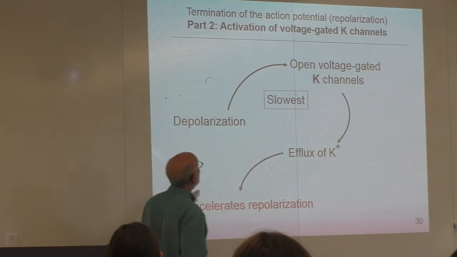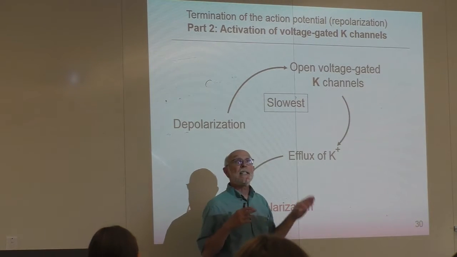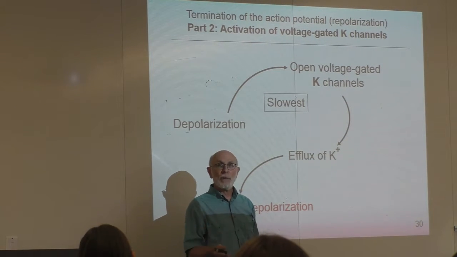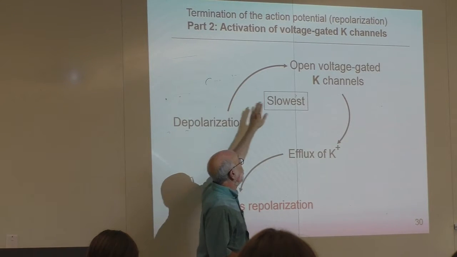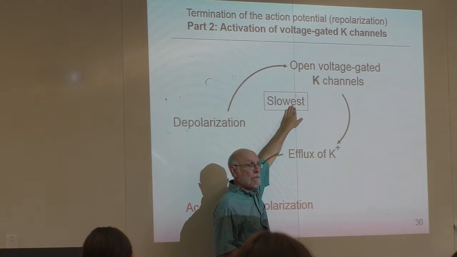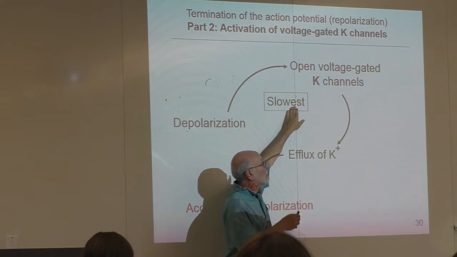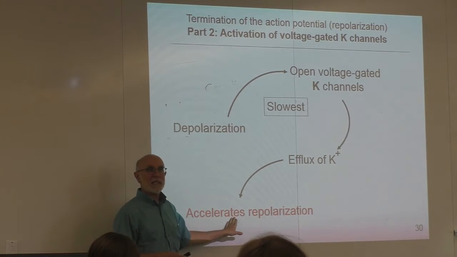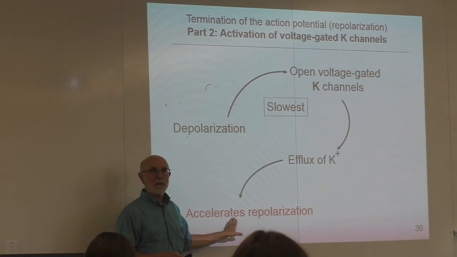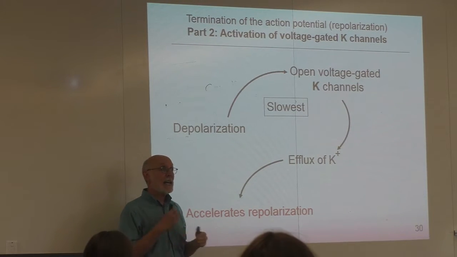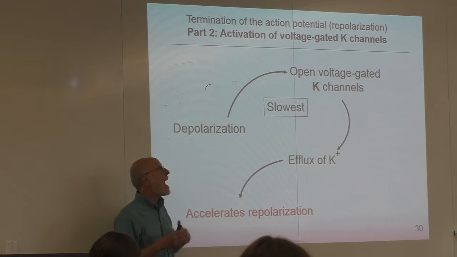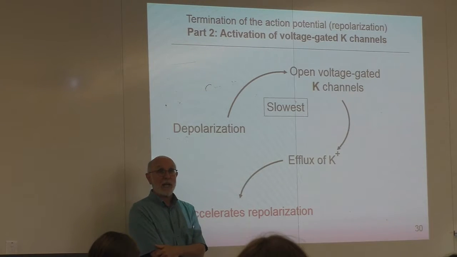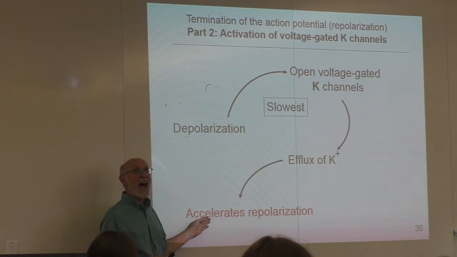And the depolarization, in addition to opening voltage-gated sodium channels, also, with the slowest kinetics, opens voltage-gated potassium channels. Potassium flows out, and that accelerates the repolarization. So the two things, inactivation of the sodium channels and activation of voltage-gated potassium channels, are essential for a fast repolarization.